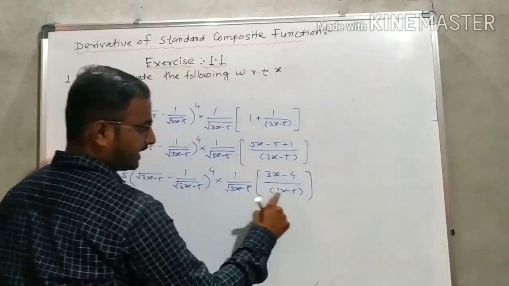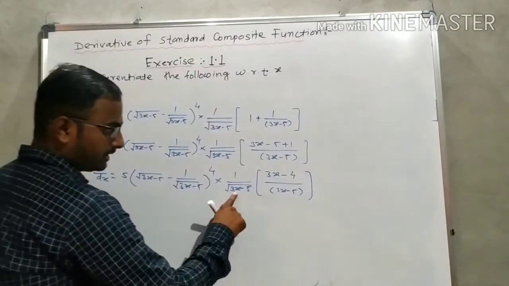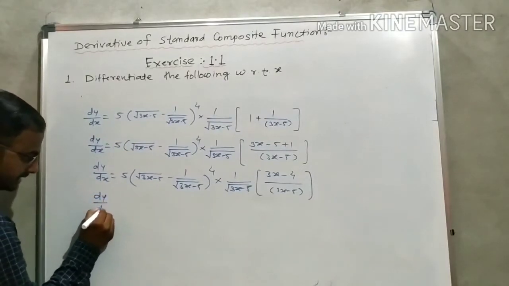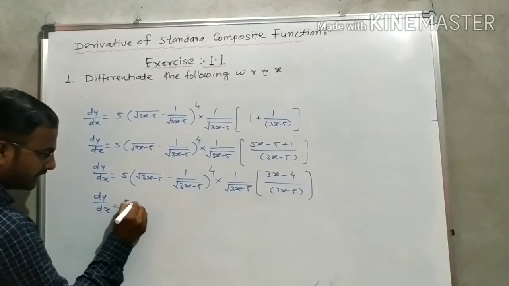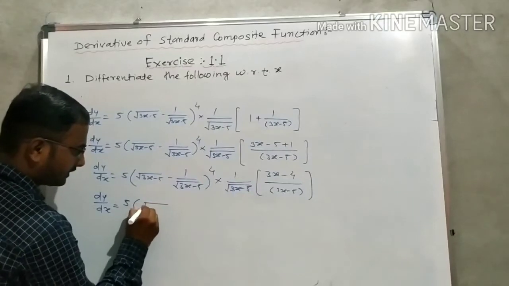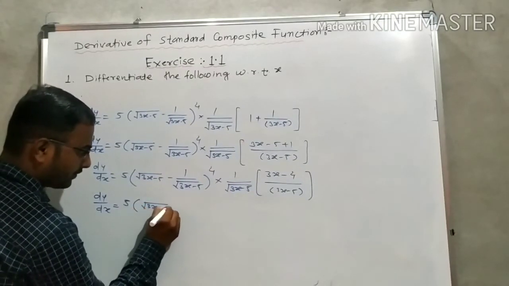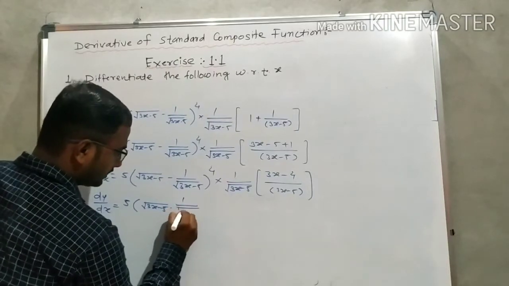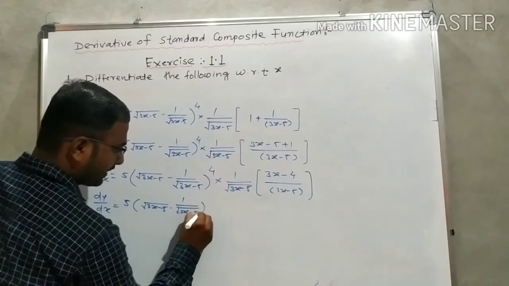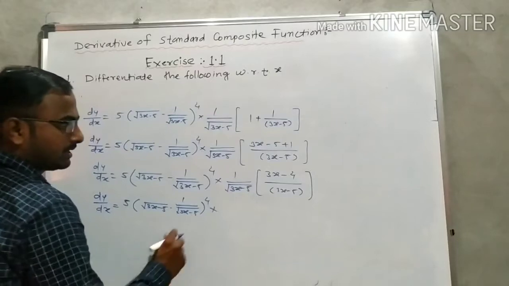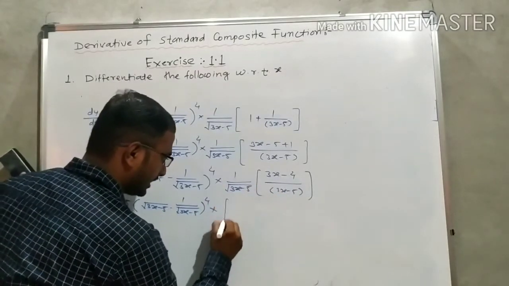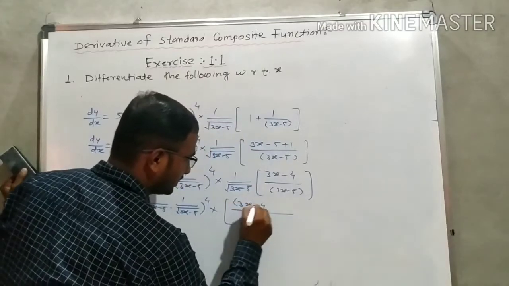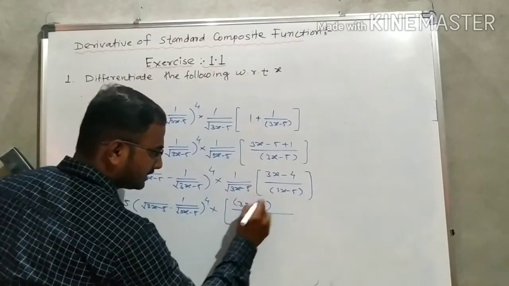Okay, so this bracket will be multiplied with this term, so dy by dx is equal to 5 into square root of 3x minus 5 minus 1 upon square root of 3x minus 5, bracket to the power 4, into 3x minus 4 upon this term will be multiplied.